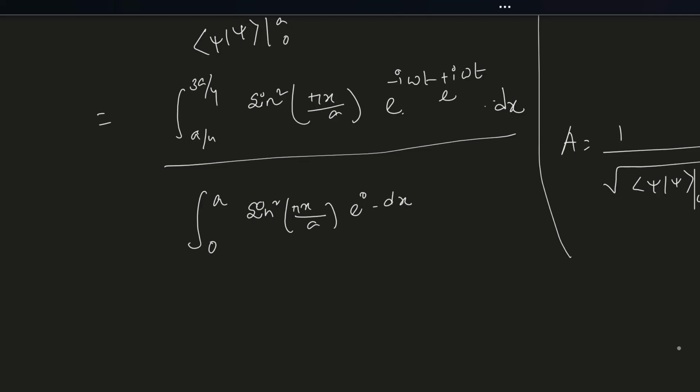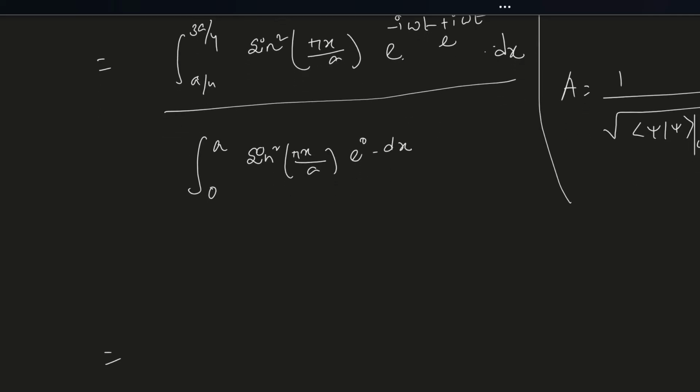Now you know how the sine squared integration is done. So the integral of sine squared pi x by A dx equals half the integral of 2 sine squared pi x by A dx. Now this is the formula for 1 minus cos 2 pi x by A dx, which is half into x.